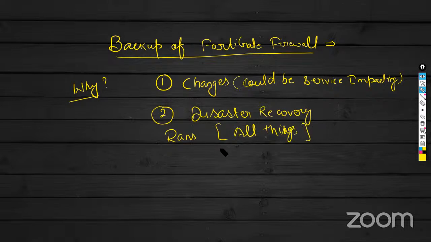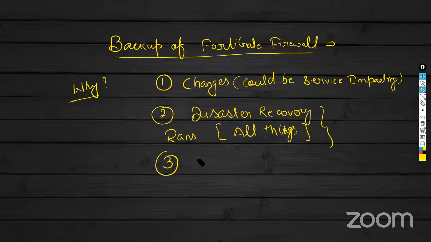If you have taken the backup and placed it somewhere safe where it does not get encrypted, then you are safe. You can restore your services as quickly as possible. You need not configure it from scratch.